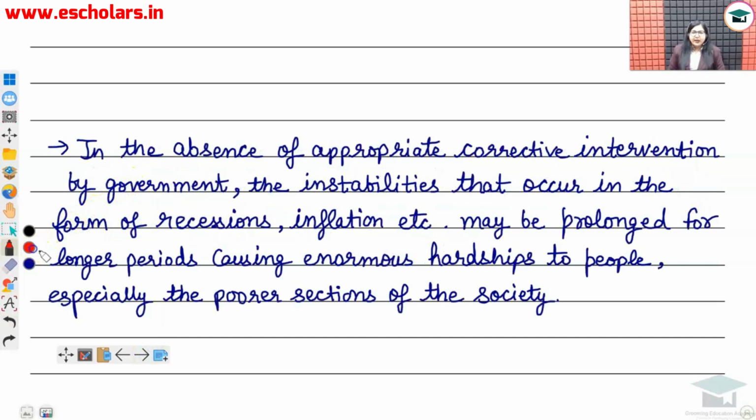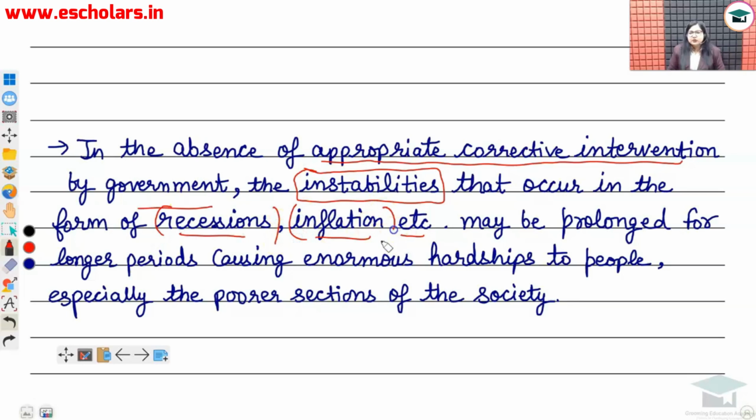Further, students, what will happen if there is no appropriate corrective intervention by the government in order to bring stabilization in the economy? Then the instabilities, okay, in the form of recessions, inflation, deflation, etc. will be seen in the economy. And you know, students, if recession and inflation exist in the economy for longer periods, then it will lead to enormous hardships to people, especially the poorer sections of the people will suffer huge amounts of suffering.